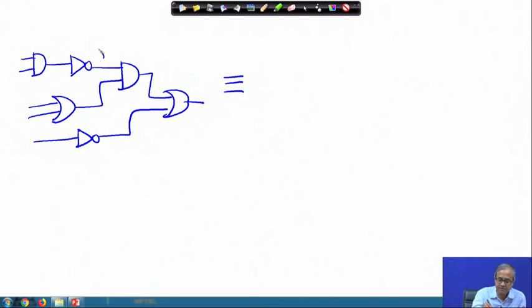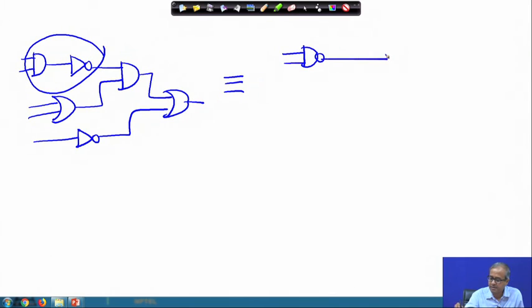First, if you look at these two gates, AND followed by NOT, this is straightforward, it is a NAND. You replace it by a NAND, and you have an OR gate here. Now, you already know how to implement an OR gate using NAND gates, follow that rule.